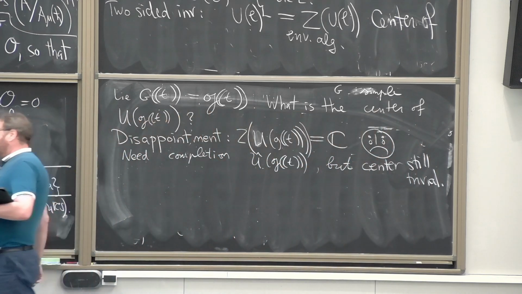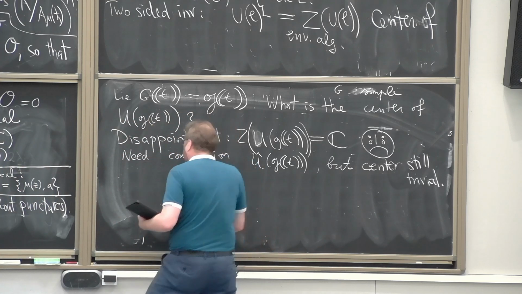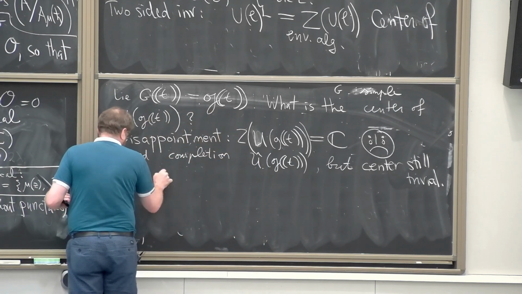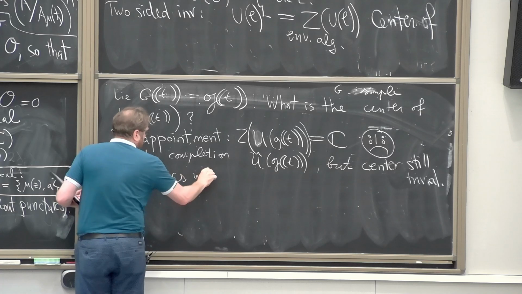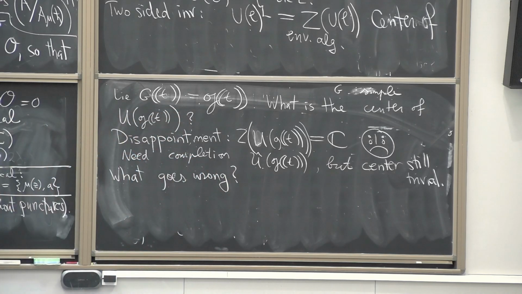And I can explain what goes wrong. Our Hitchin Hamiltonians upstairs were defined by very simple formulas, in fact. And the question is, why can't we just lift those formulas to the quantum world?